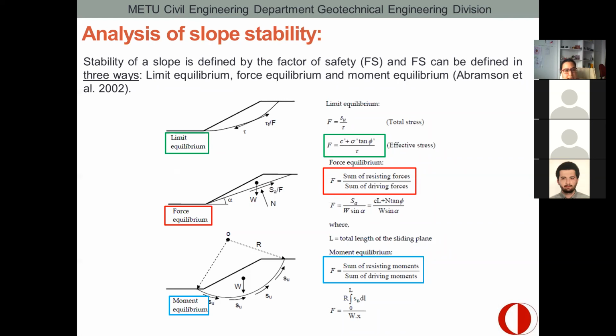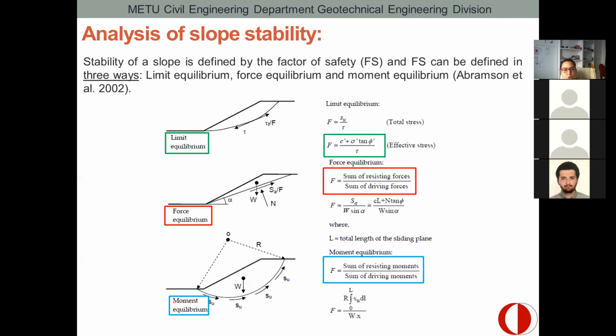Here we should say that the parameter that defines the stability of a slope is called factor of safety. So in this chapter, what we will calculate is the factor of safety, Fs, and the factor of safety for slopes can be defined in 3 ways or 3 methods.